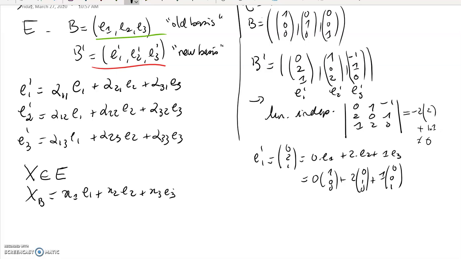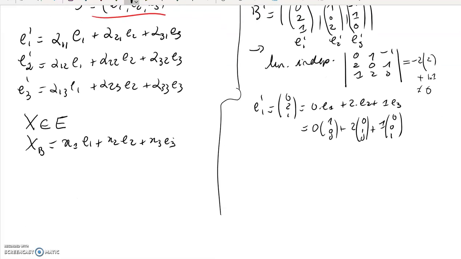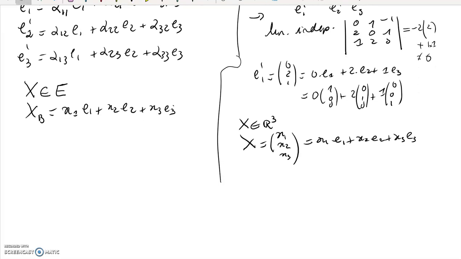Back to our example in R3: any x in R3 has components x1, x2, x3. It's really x1 times E1 plus x2 times E2 plus x3 times E3. This is really what it means, in my standard basis B.